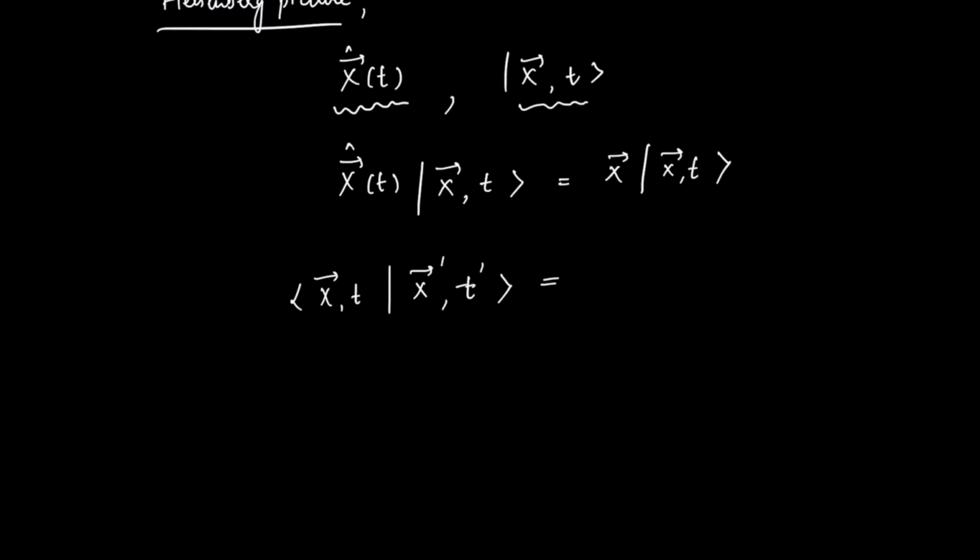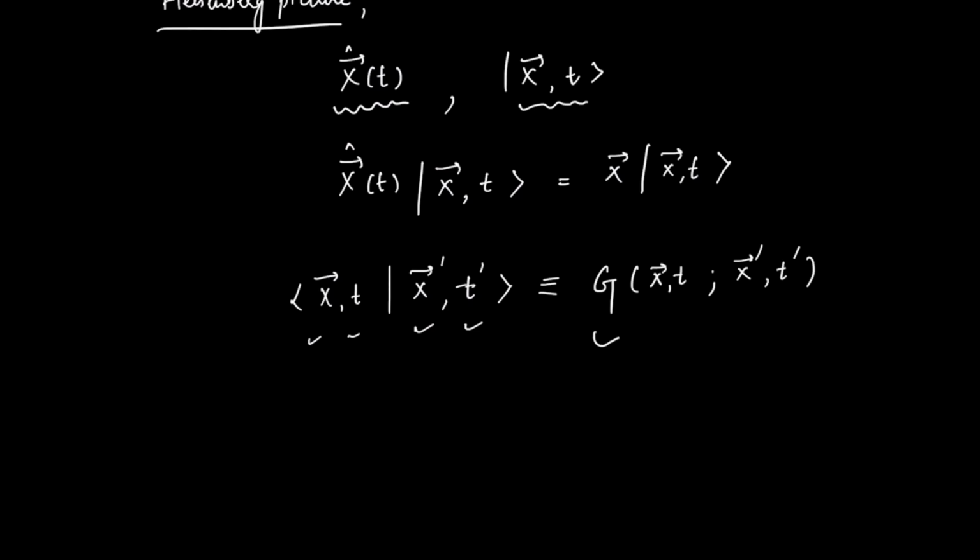So here, what is the question? Suppose you are in an eigenstate at time t prime with x prime, then what is the probability amplitude for you to go to a location x at time t? This is given by a propagator G(x t, x prime t prime).